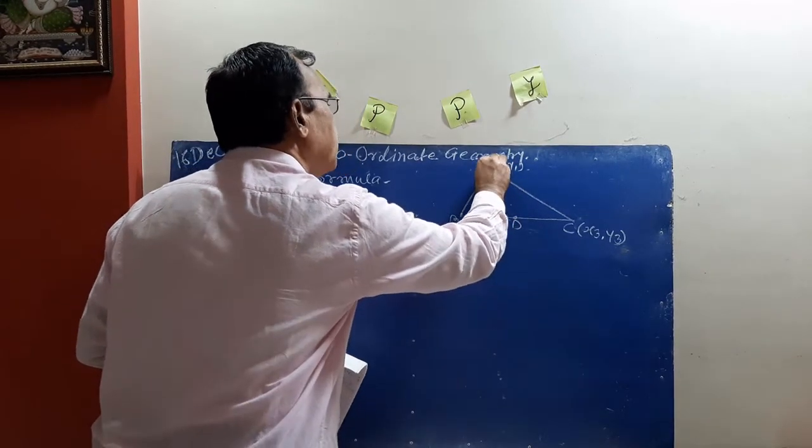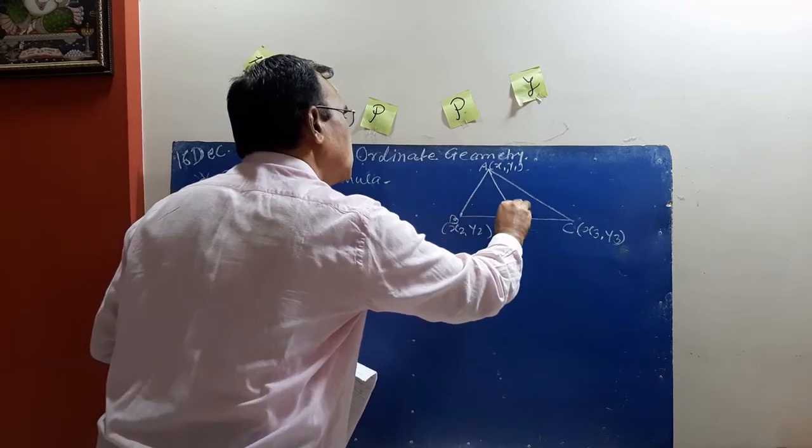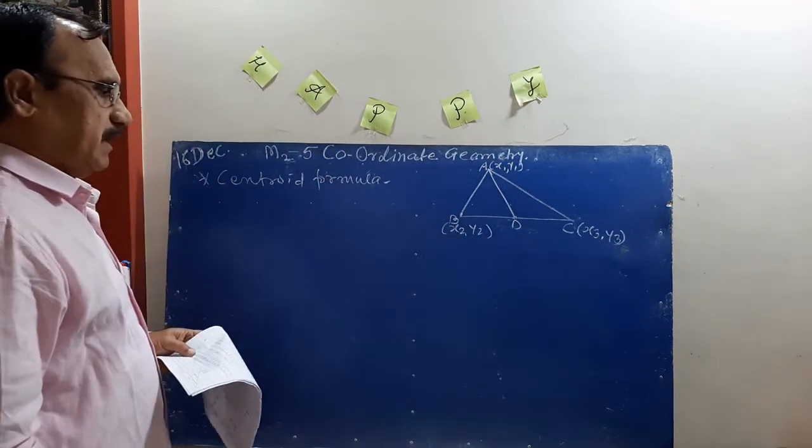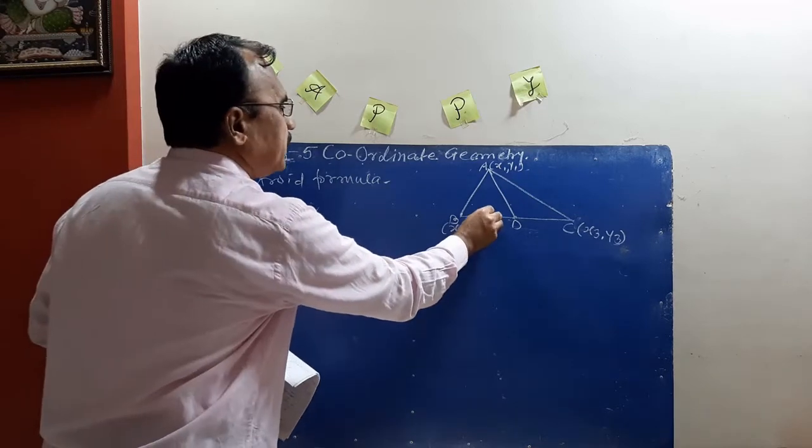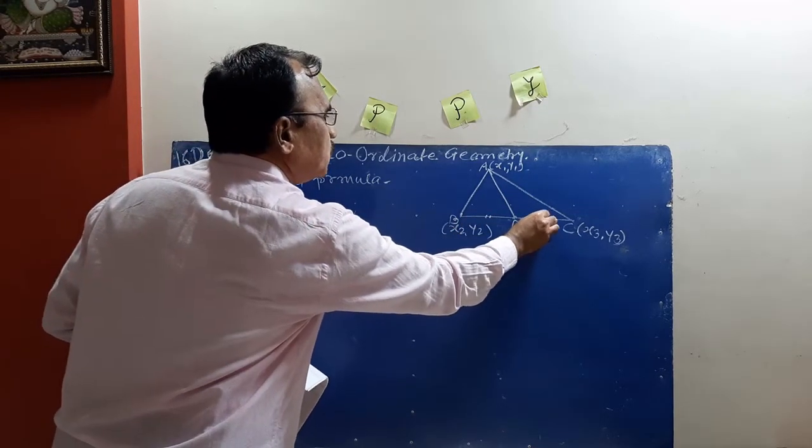If we join AD, this is a median of triangle ABC. If D is the midpoint, then BD is congruent to DC.